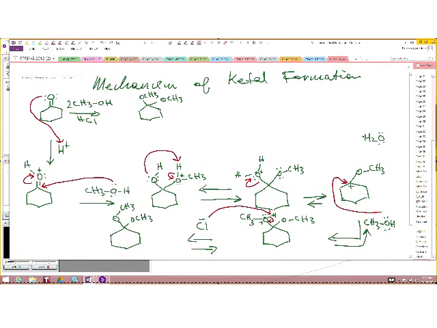You notice that here, we are essentially losing water. So the way you drive this reaction is to continuously remove water from the system. Okay? So anyway, that is the mechanism for the ketal formation. And the same thing will apply if you add an aldehyde. Oh, time is gone.